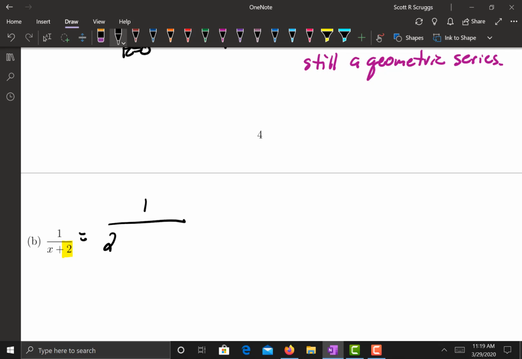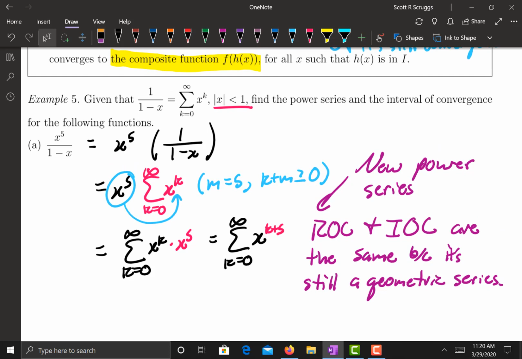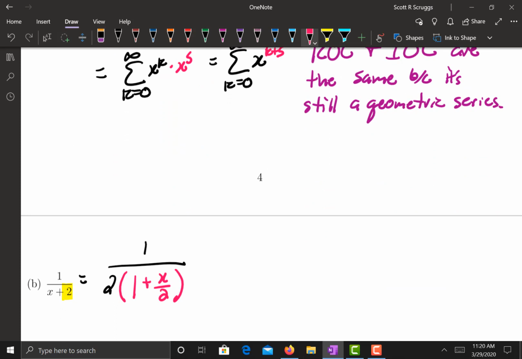So that's equal to 1/2 times, factor everything out, I have a 1 from factoring out the 2, plus x over 2. Now I need 1 minus something to be in here. Well, I have a plus. I could always rewrite a plus as minus a negative number. So I'm going to do 1/2 times 1 minus negative x over 2.